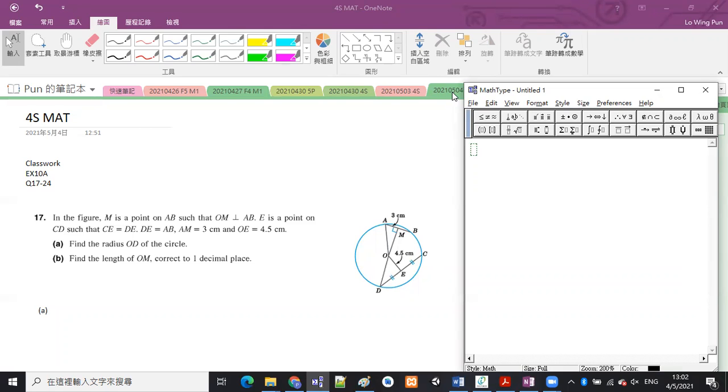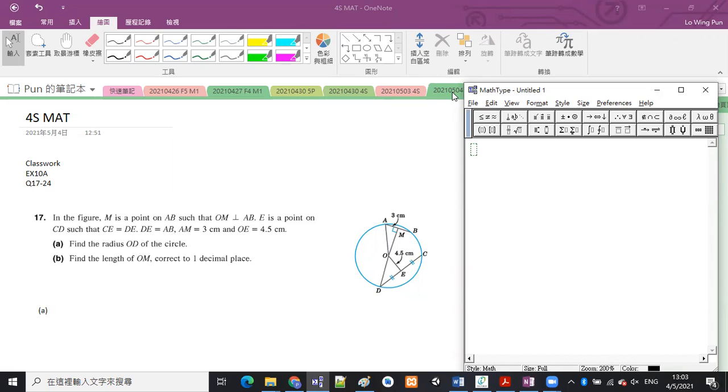We are going to use Pythagoras theorem on triangle ODE. But before we can use Pythagoras theorem, we must ensure that the triangle is a right-angled triangle first.